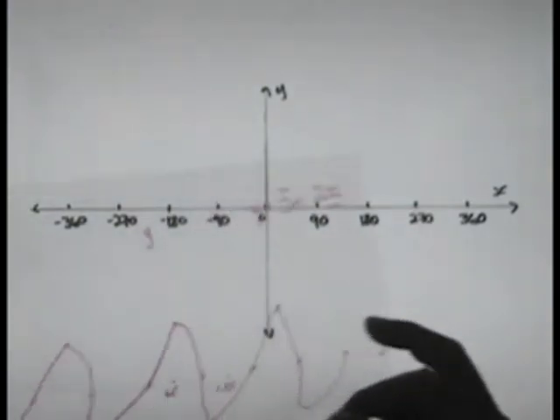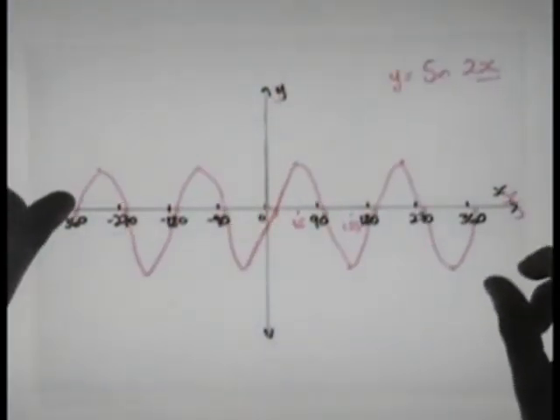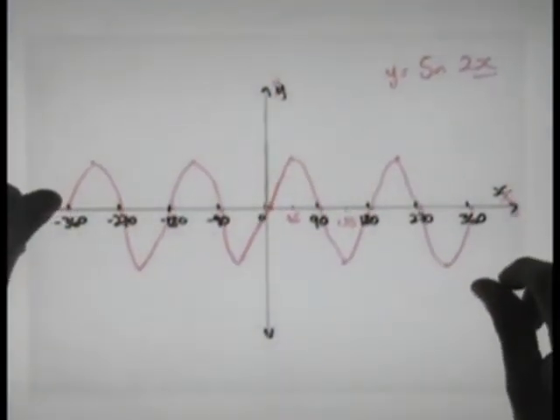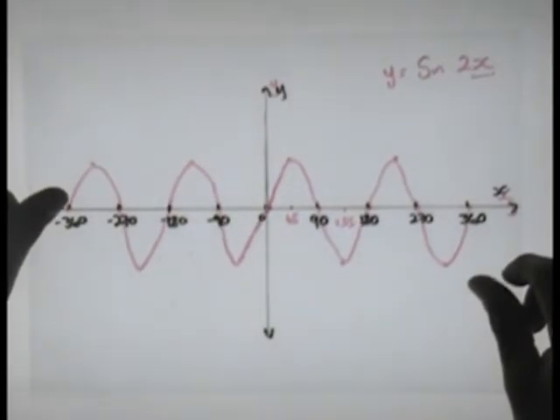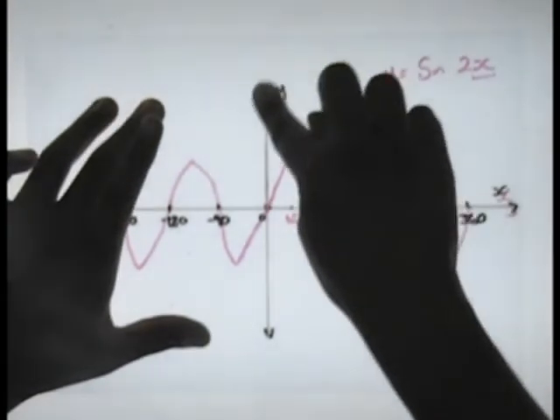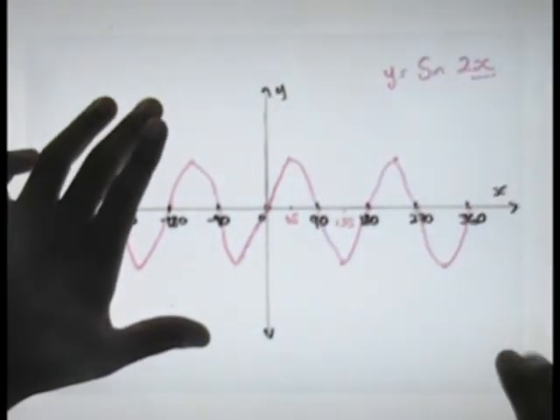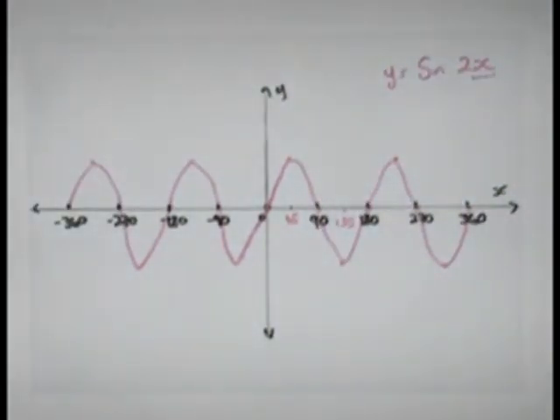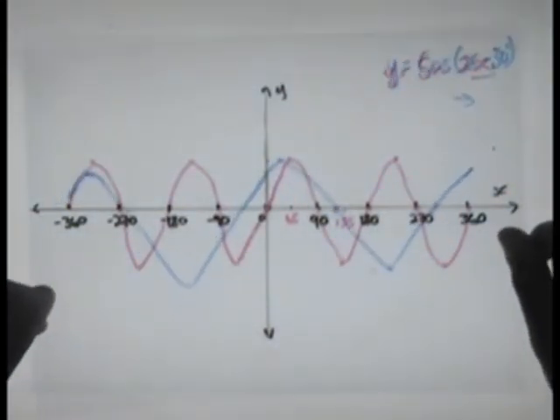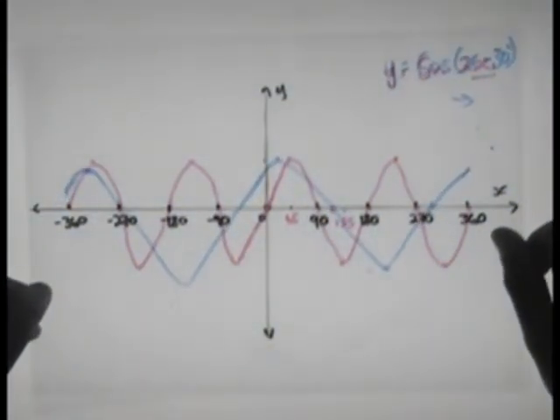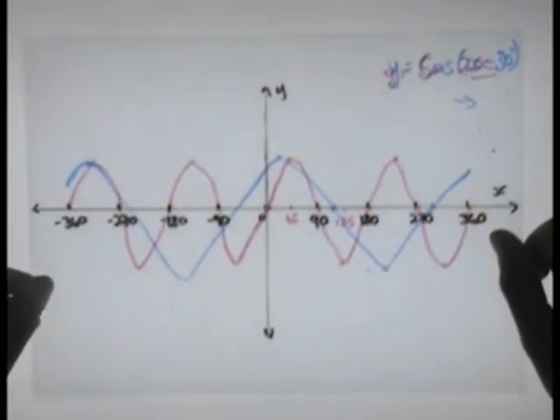And I'm going to take my graph, sine of 2x, and I'm just going to put this on my axis. The next graph I'm going to draw on is the graph that I did earlier, y is equal to cos of x minus 30 degrees, which will go over there.